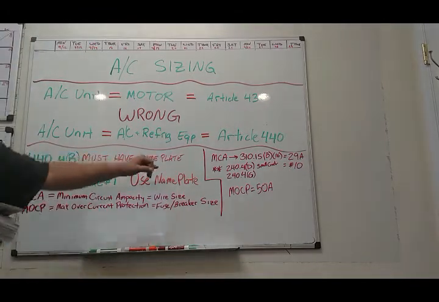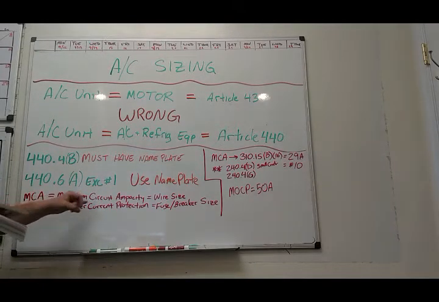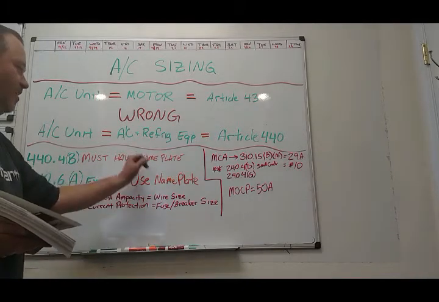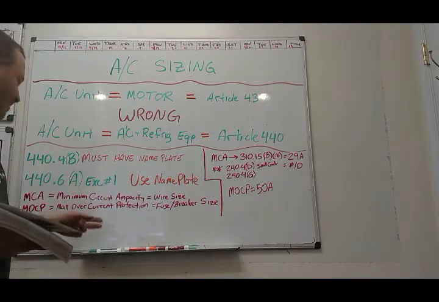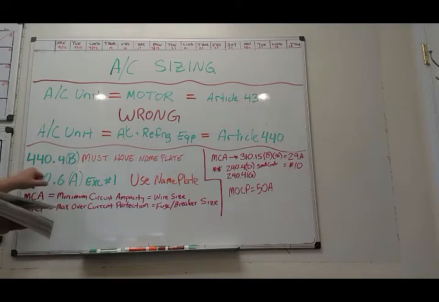On that nameplate, we usually see MCA, minimum circuit ampacity, and MOCP, max overcurrent protection. There's a lot of other information, but when you go to the bottom of that nameplate, you find MCA, MOCP. Those are very important because that gives you the answer. So, that nameplate is required by 440.4(B).